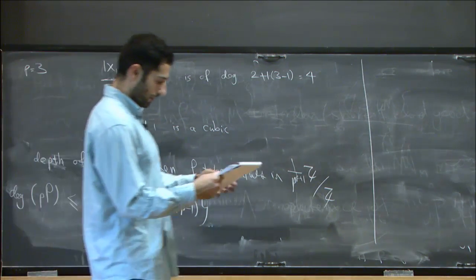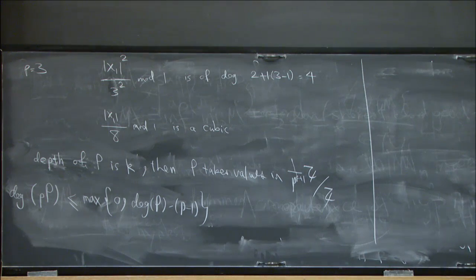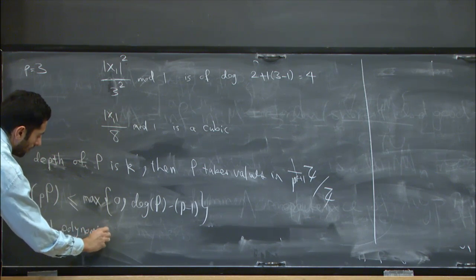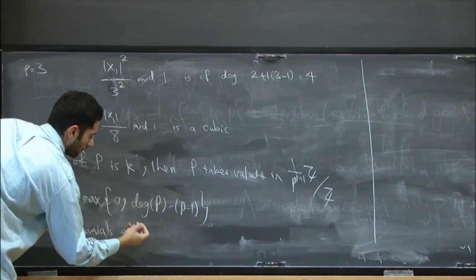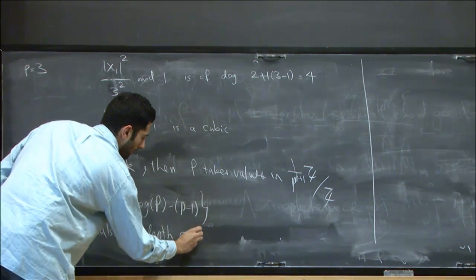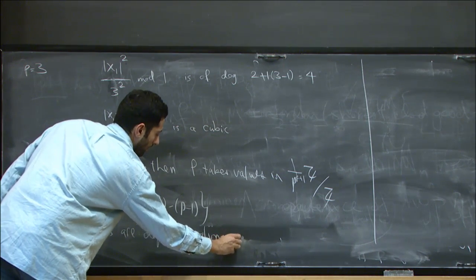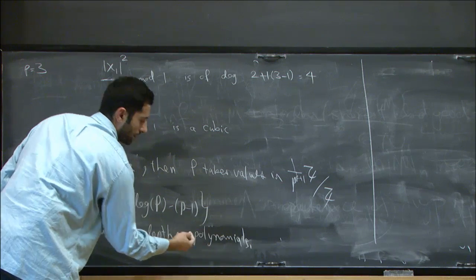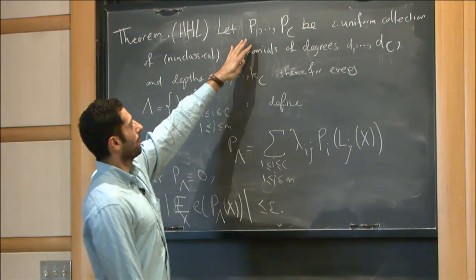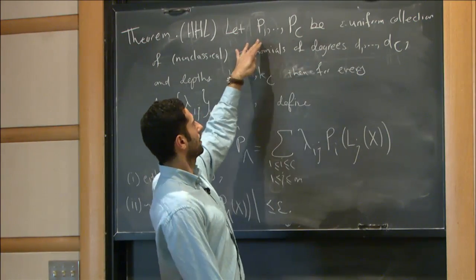And as Avishai pointed out, you can think of classical polynomials as being in one-to-one correspondence with depth 0 non-classical polynomials.